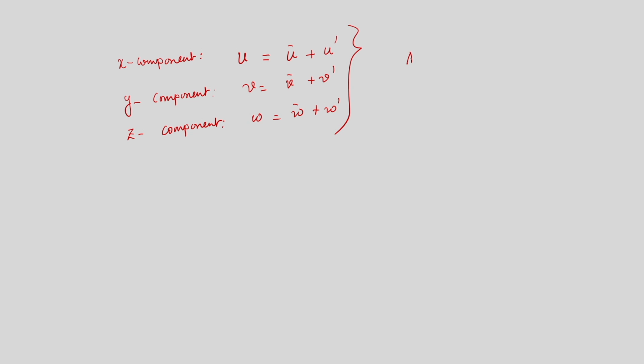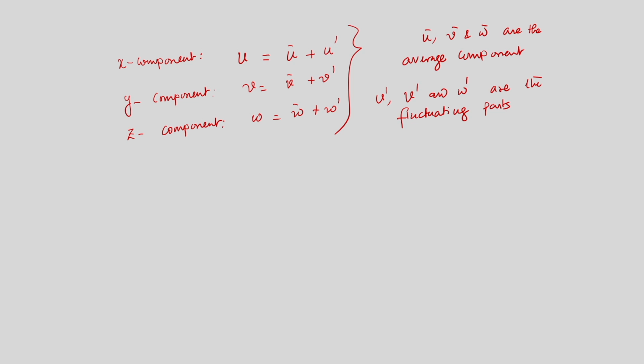One is the average components, that is u bar, v bar and w bar, while u prime, v prime and w prime are the fluctuating parts.